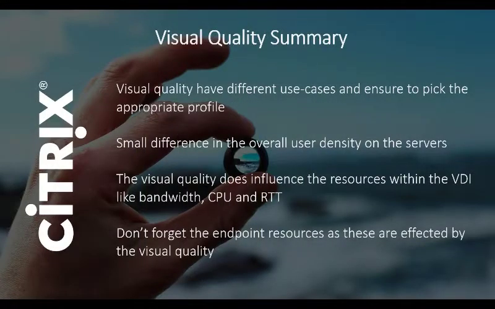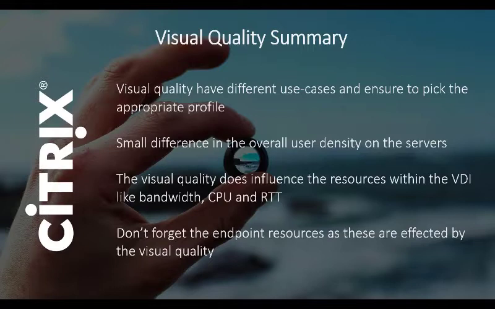So let's summarize. In general, the visual qualities have different use cases. You need to pick the appropriate profile based on your scenario. I explained the difference of the profiles itself with the description. It's all on the Citrix website, so be aware what the different profiles do.